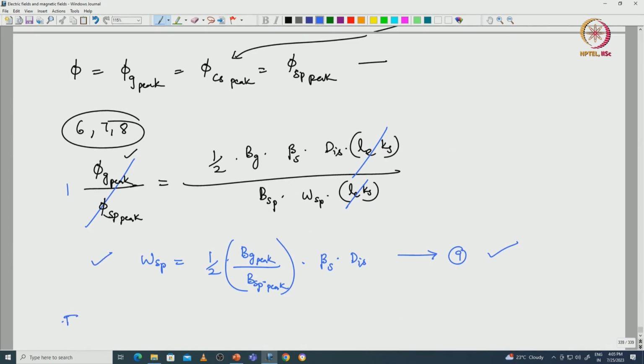Next, from equation number 6 and 8, take the ratio here also.